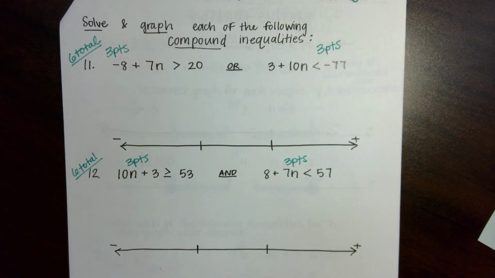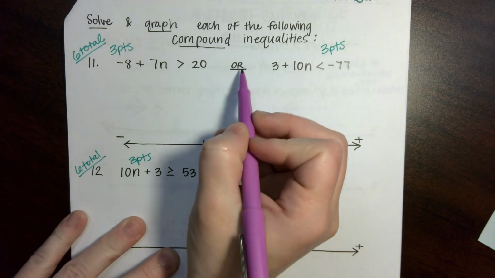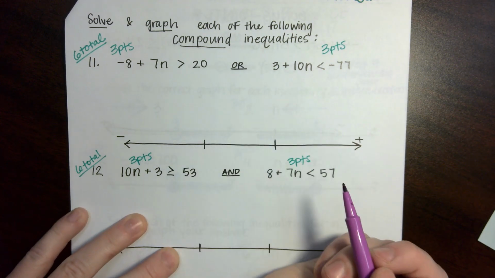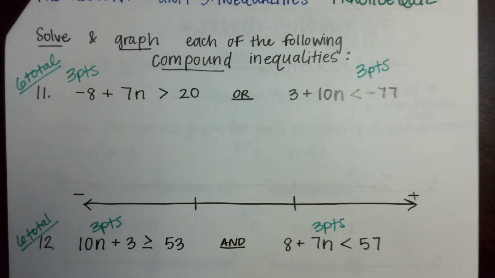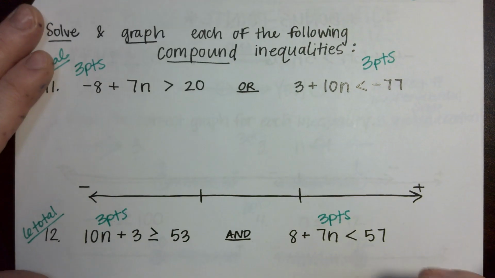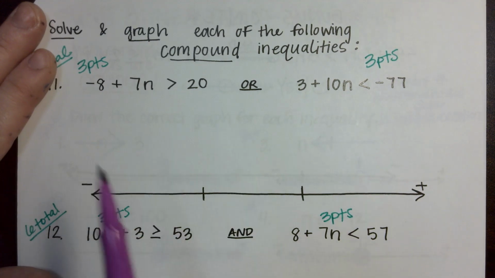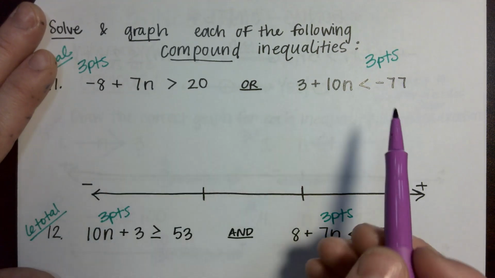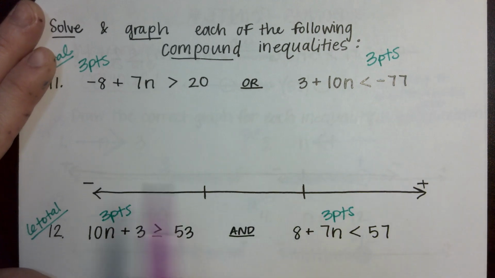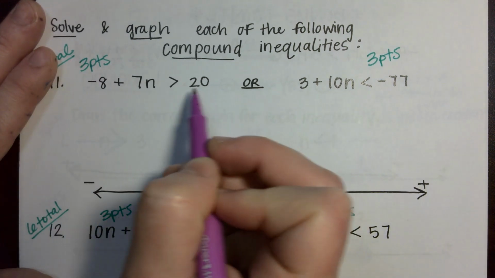I want you to solve and graph each of the following compound inequalities. So for number 11, we have an inequality with or. Number 12, we have and. So let's start with 11. Before we can talk about the graph, we need to figure out what our values for n are on both of these. So let's go left to right. We'll start with this side.